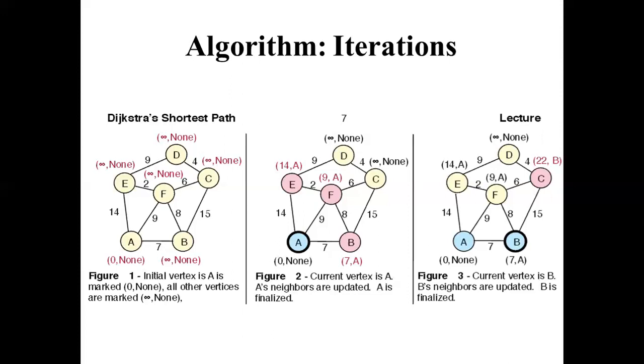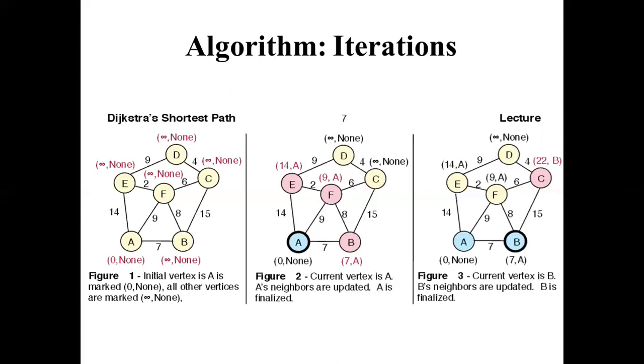Now we have started executing the algorithm, A being our initial node or the starting node. Since it is our current vertex, I have given emphasis on node A by highlighting it.